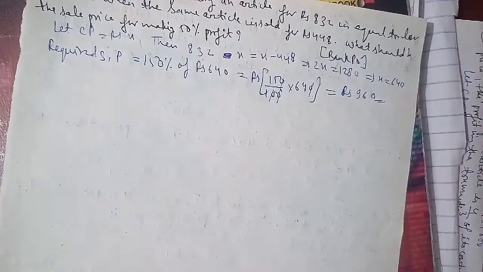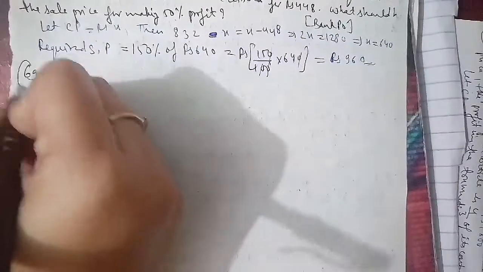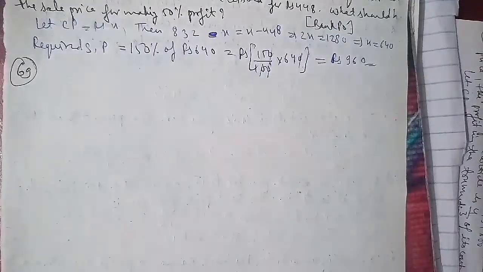Now we go ahead with the next question, which is another important question, the 69th question of the session. The question we have here is that the profit earned by selling an article for rupees 500 is double the loss incurred when the same article is sold for rupees 450.